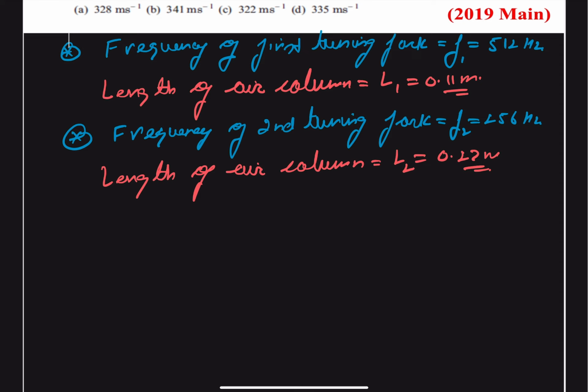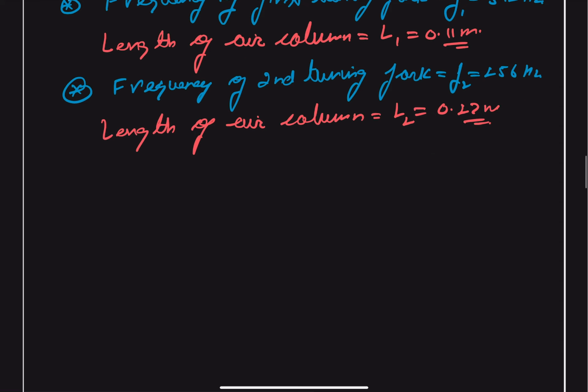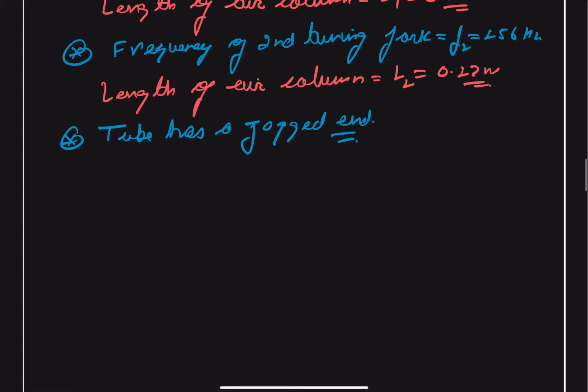Now the term mentioned in the question is that the tube has a jagged end. So therefore, the correction factor due to end effect will be introduced.